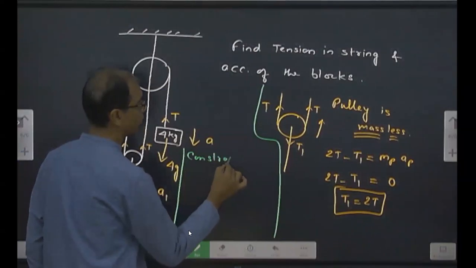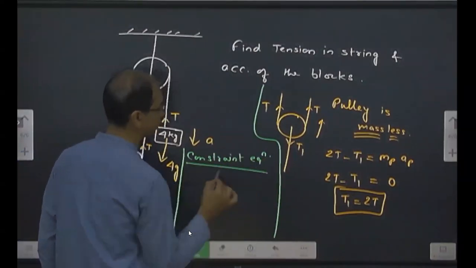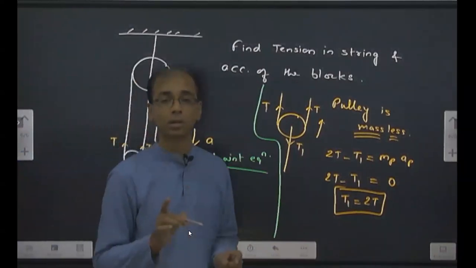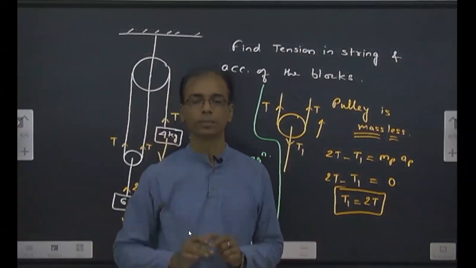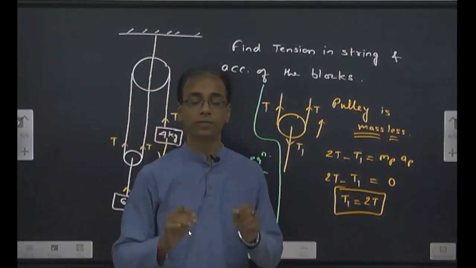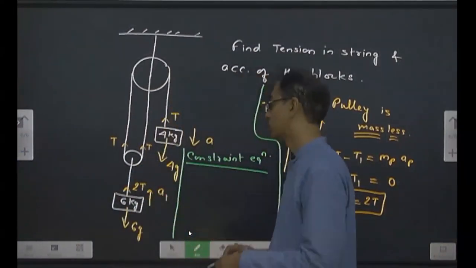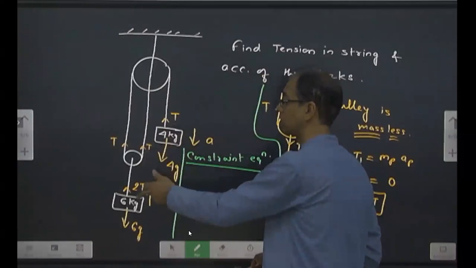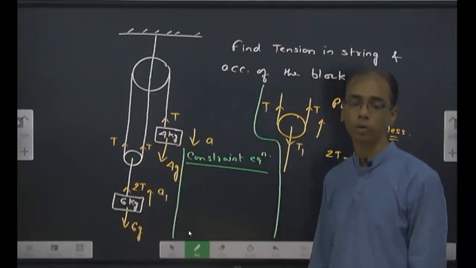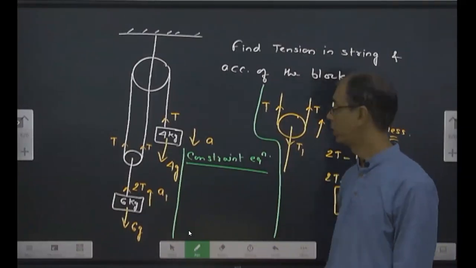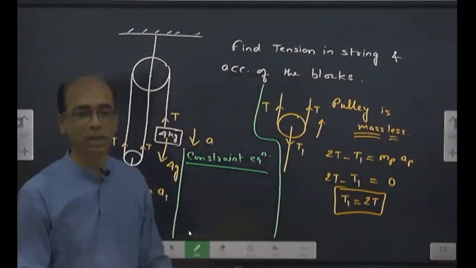I'll tell you in an easy form. When to use a constraint equation? Whenever you have more than one pulley, that thing should immediately go into your mind. Then, after having more than one pulley, if you find that there are two blocks moving with different tensions involved in the two, immediately you should think about it. Okay, what to think? Constraint equation. Now, how to solve it? Very simple method. Just see what I am doing.